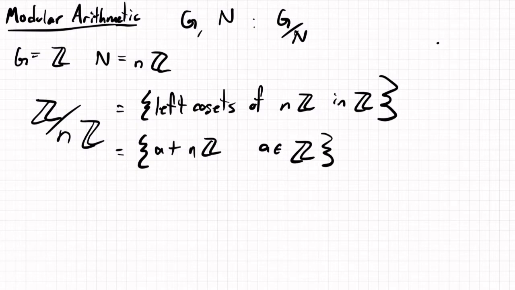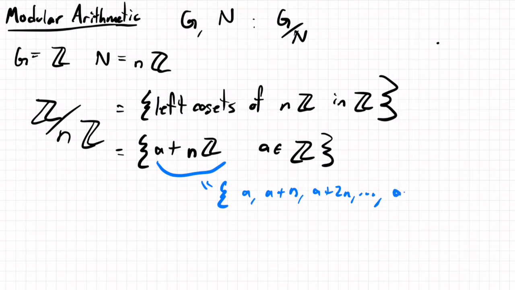And A plus nZ, this is the set. Each one of these is A plus n, A plus 2n, dot dot dot, but you're also going to have A minus n, A minus 2n, dot dot dot.